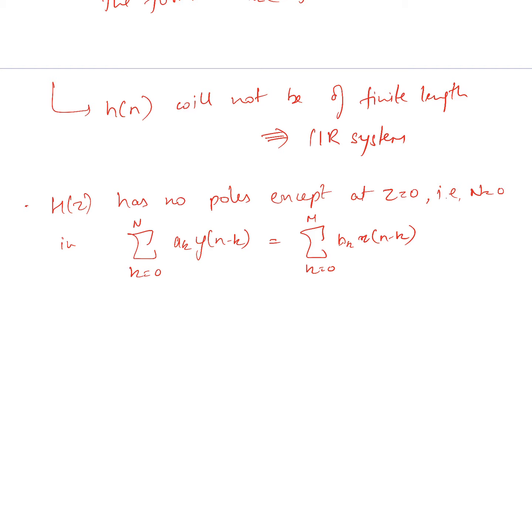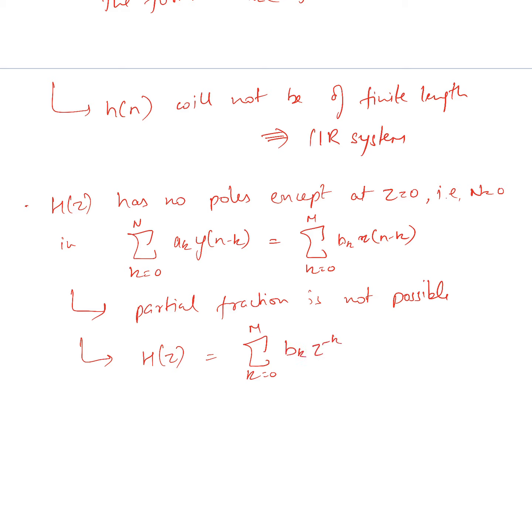H(z) has no poles except at z equal to 0. So in that case, partial fraction is not possible, which means that your H(z) is simply a polynomial of z inverse. That is, it can be expressed as H(z) equal to summation from k equal to 0 to M of b_k z to the power minus k.